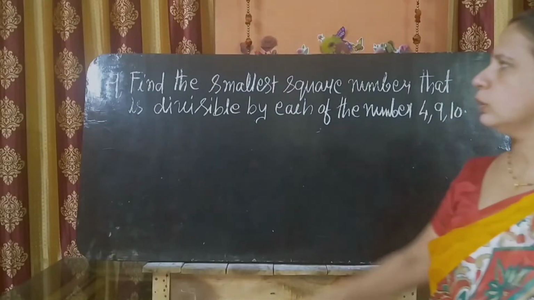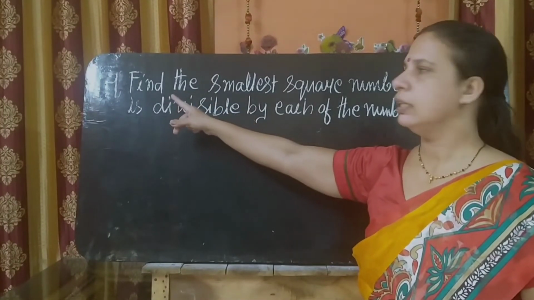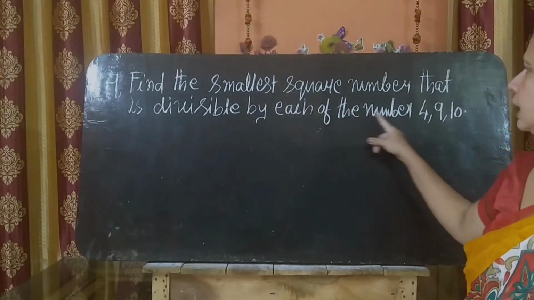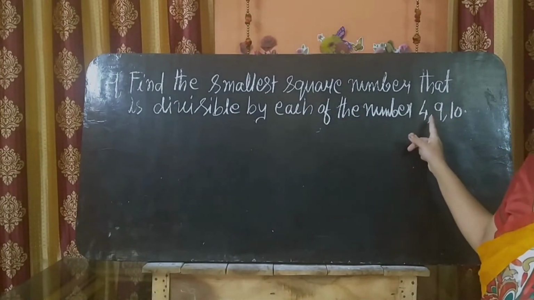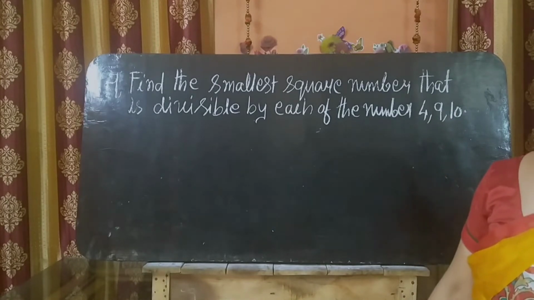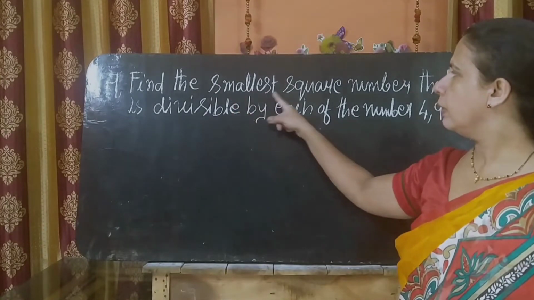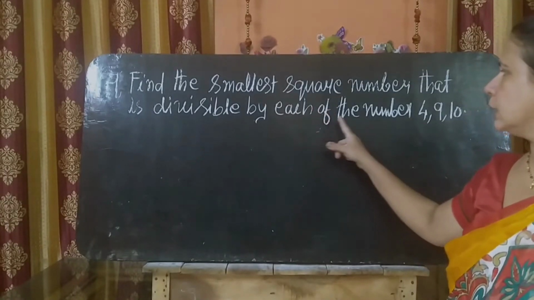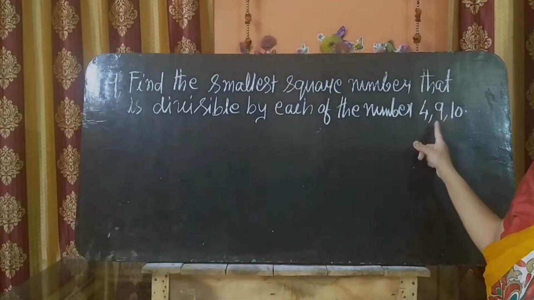Next we can go through 9th question. Find the smallest square number that is divisible by each of the numbers 4, 9 and 10. Question once more.